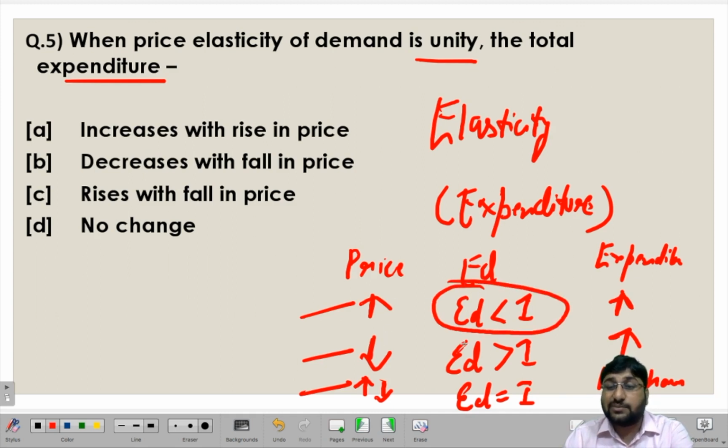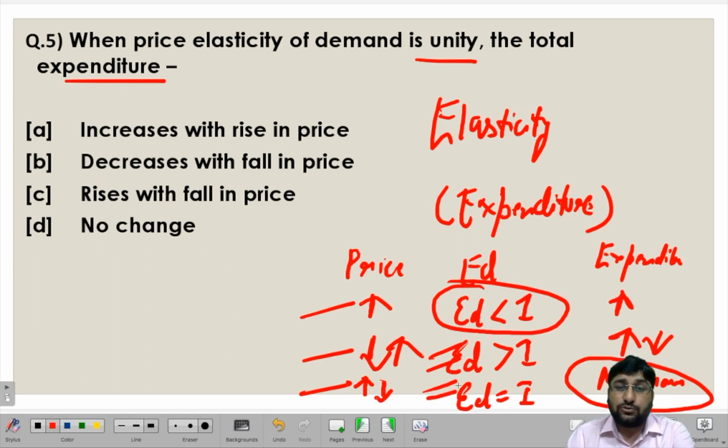If the price and the expenditure are moving in the opposite direction, that is, price falls and expenditure rises, or price rises and expenditure falls, then the elasticity would be greater than 1, or greater than unity. Whenever due to any change in price there is no change in the total expenditure, then the elasticity will be equal to 1. So these are the three concepts. If you are able to recall them, you'll be able to solve this question.